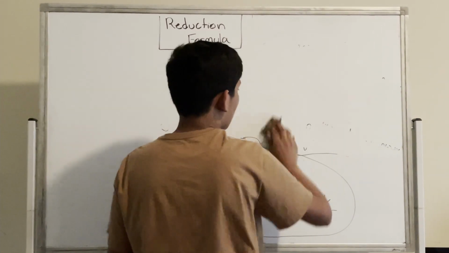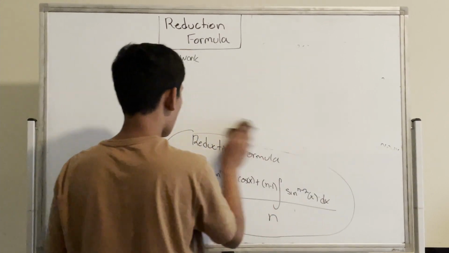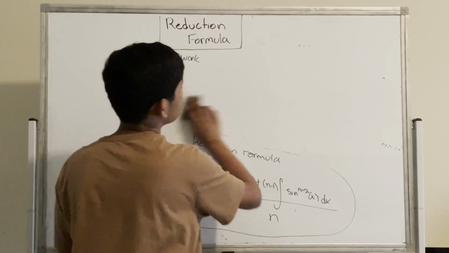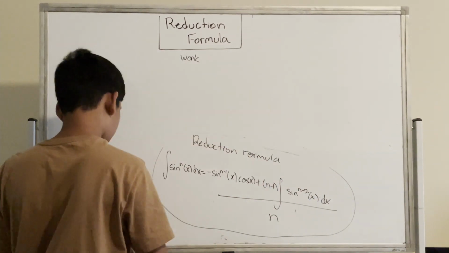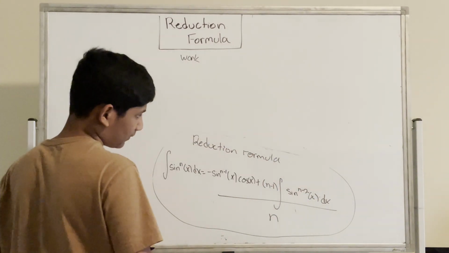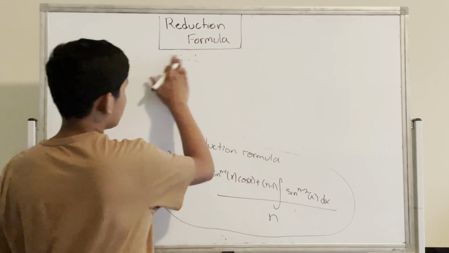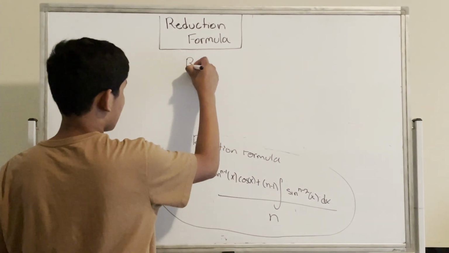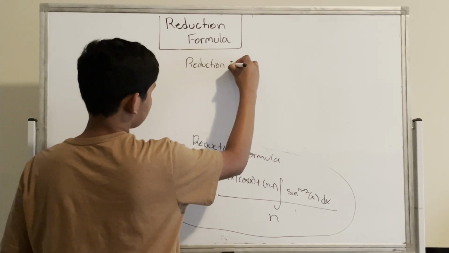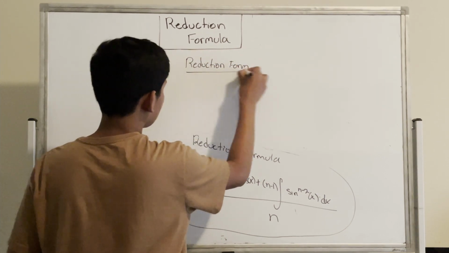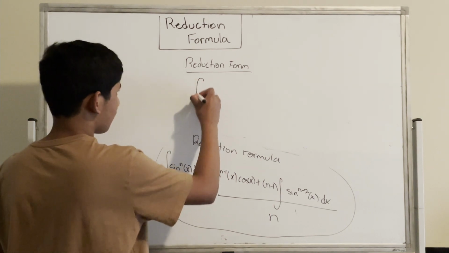So, a reduction formula is essentially a formula that encapsulates all possible states of a specific type of integral that we're trying to make simpler. An example of this is the reduction formula for sine x raised to the power of n. We can also do the same for cosine, but we're not doing it in this video.